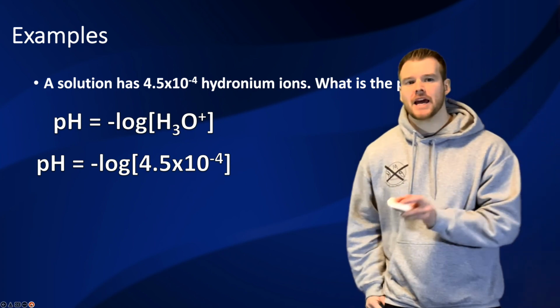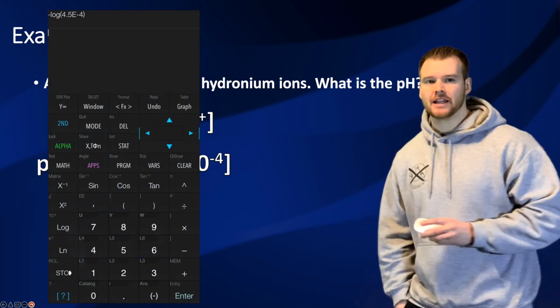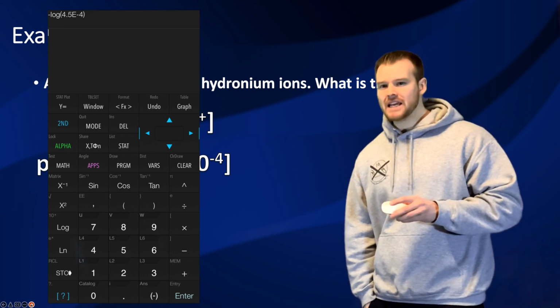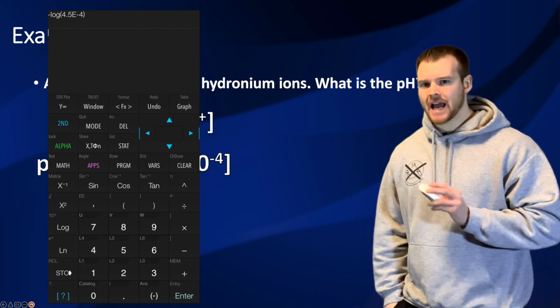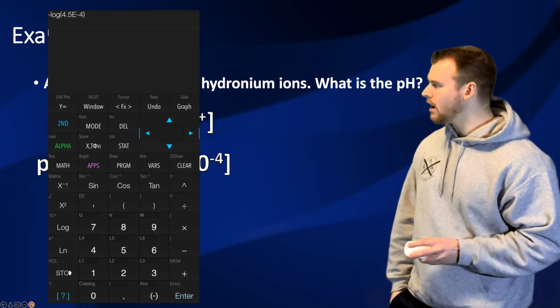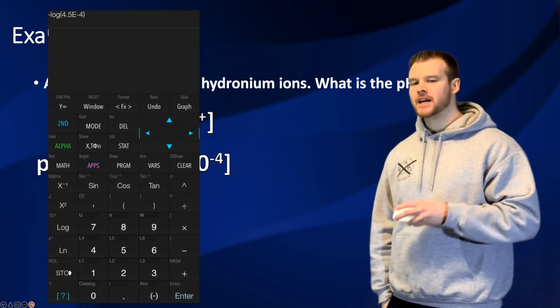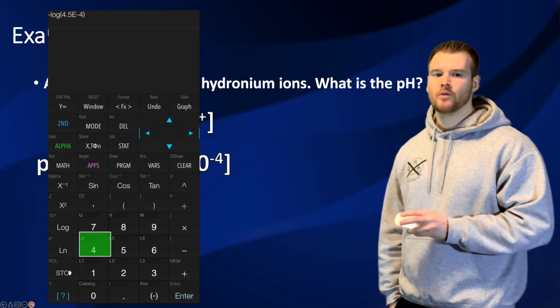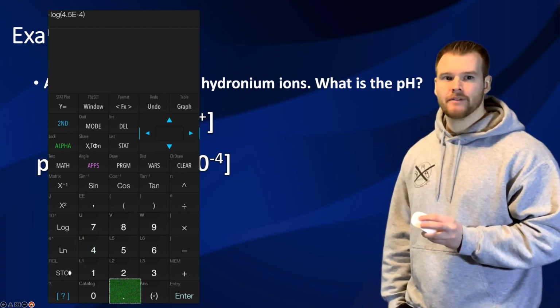Let's take a look at how we put that in the calculator. Bring the calculator up here. I'm going to start by putting in the negative. Make sure you don't put minus, actually put the negative, so it's that button there. And then log would be right there. It's going to give you some brackets. Next, I'm going to put 4.5.